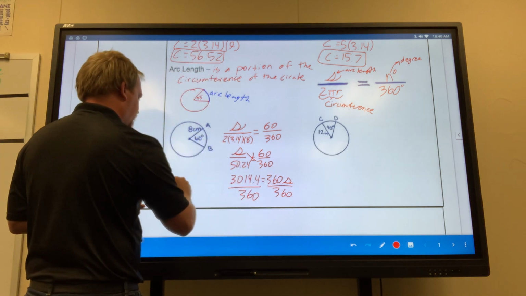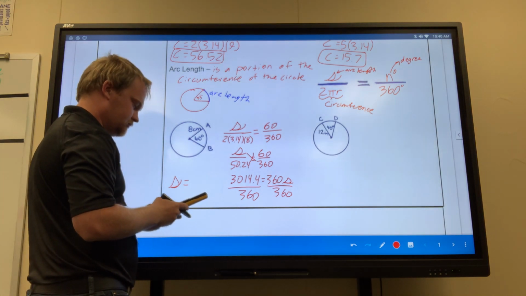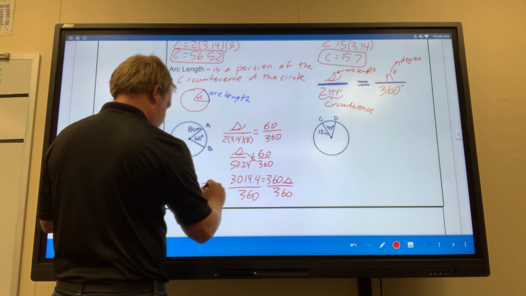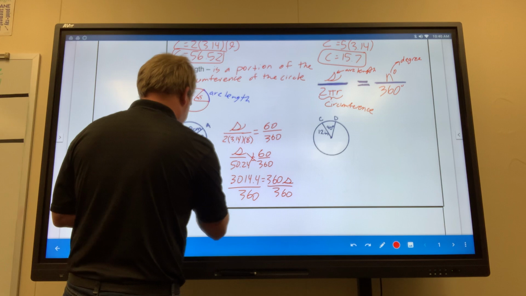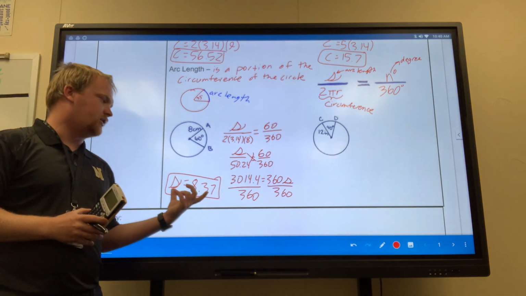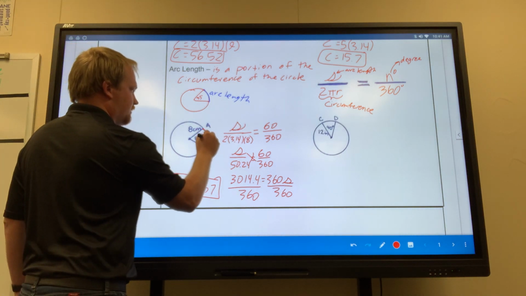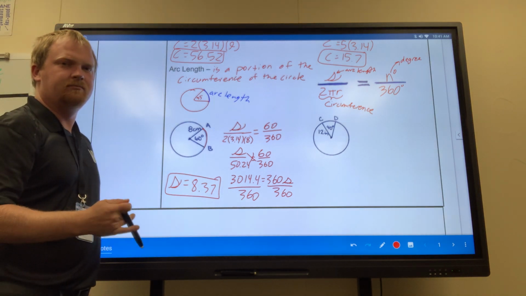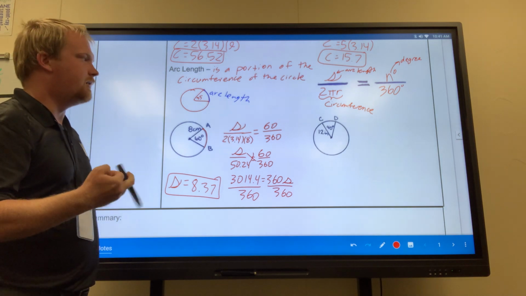So the arc length is going to be 8.37, not repeating. That's going to give me my arc length. Okay, so the length from A to B is 8.37. That's my arc length.